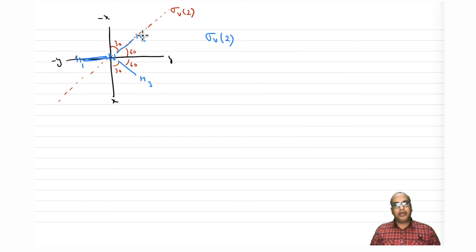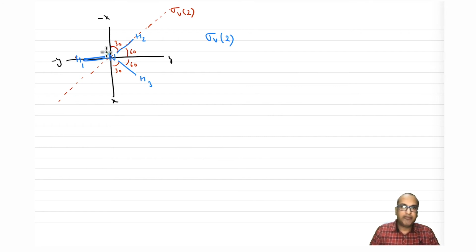Now to be able to write this, we have to see how the axis system is changing upon application of sigma v2, so that we can write the new axis system in terms of the old axis system, the way we did it for rotation. So let us see what happens to y. If I use this reflection, y comes somewhere around here, because this sigma v2 is making an angle of 60 degrees with this y axis.